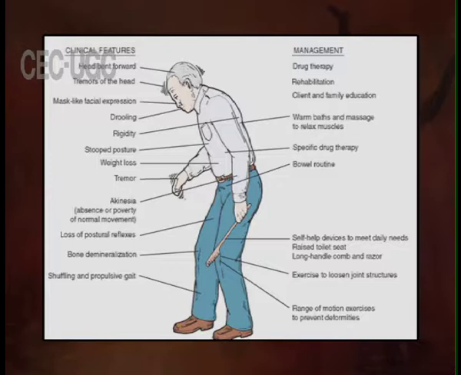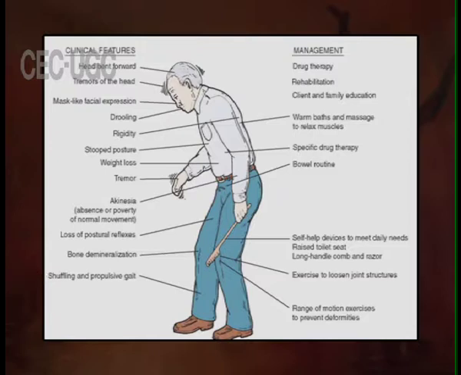The clinical features listed on the left side are: head bent forward, tremors of the head, mask-like facial expression, drooling, rigidity, stooped posture, weight loss, tremor, akinesis, which is absence or poverty of normal movement, loss of postural reflexes, bone demineralization and shuffling or propulsive gait. All these have been discussed at length so far.